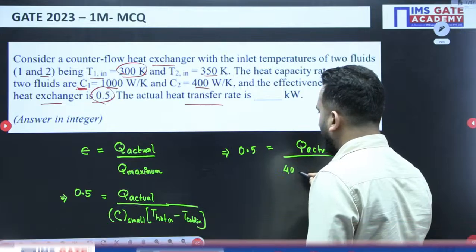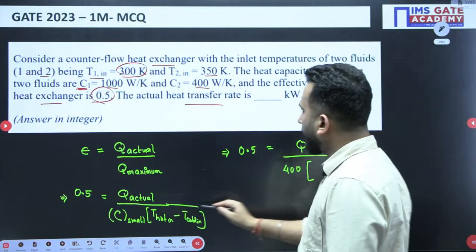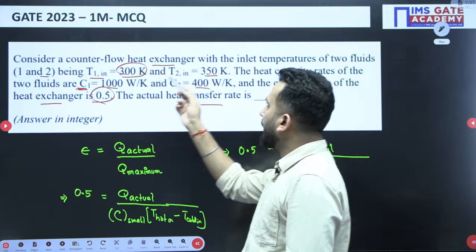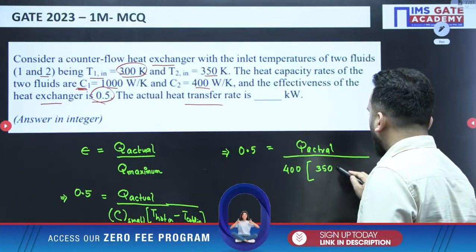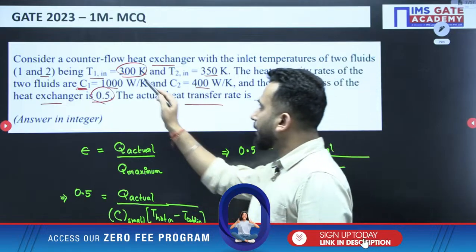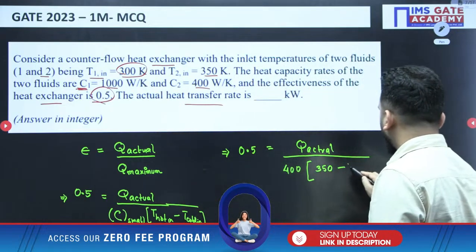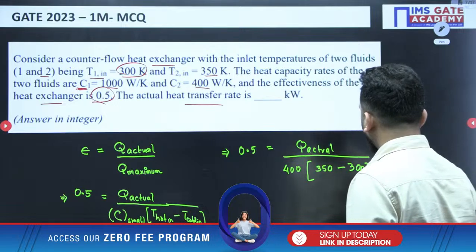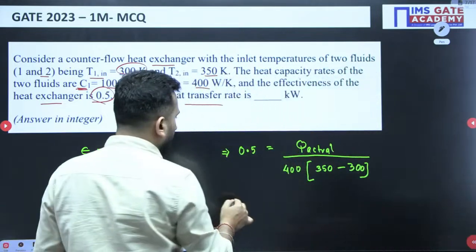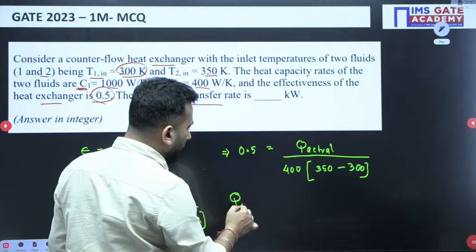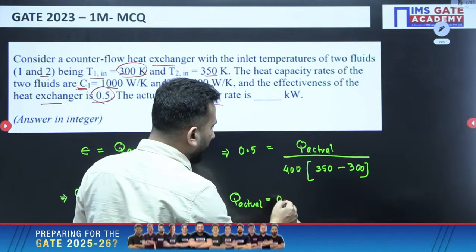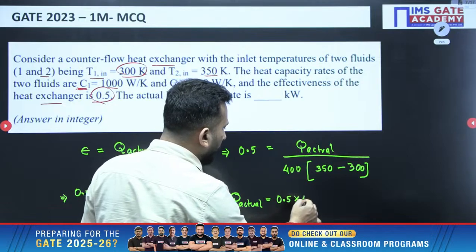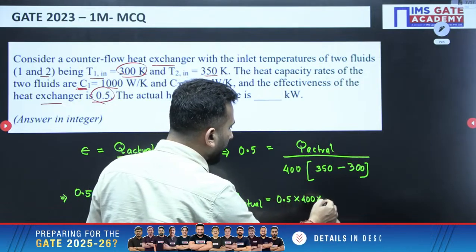So 400 into the inlet of the hotter fluid, definitely the higher value, that is 350. And the inlet temperature of the colder fluid is 300. So what is your Q actual? Your Q actual is 0.5 into 400 into 50.